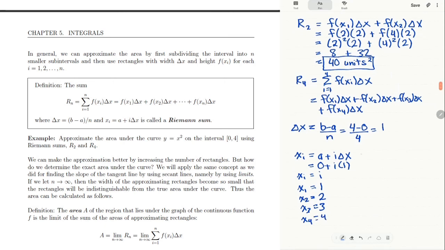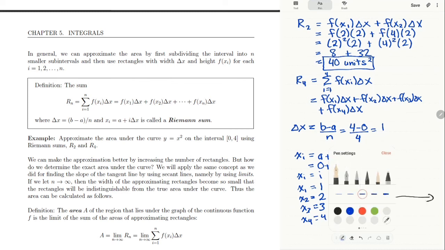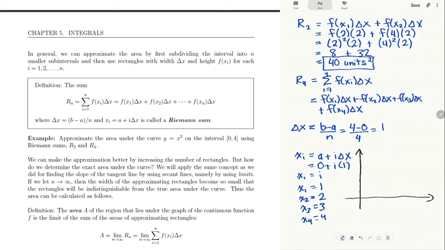So let's draw the approximating rectangles. We have coordinates 1, 2, 3, and 4, so we'll have 4 rectangles.